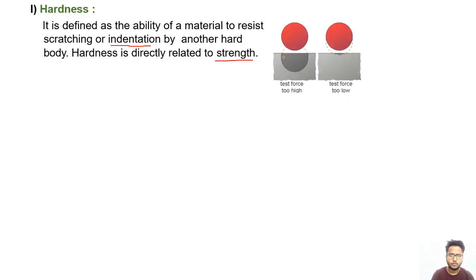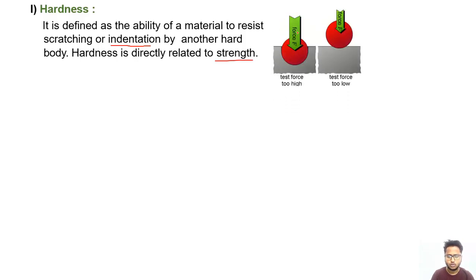We can see in this picture two balls which are harder than these materials and are going to indent, meaning to be impressed on the surface. This ball is going inside by this much thickness, but this ball is going up to this thickness. So which material is said to be more hard?